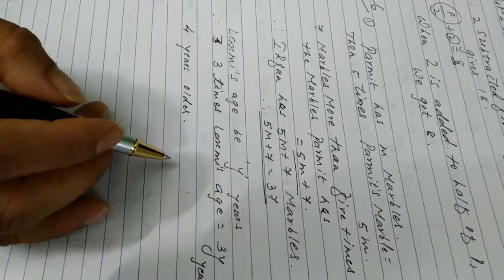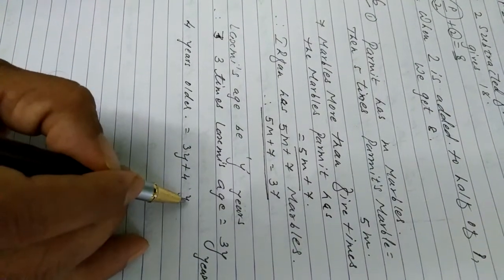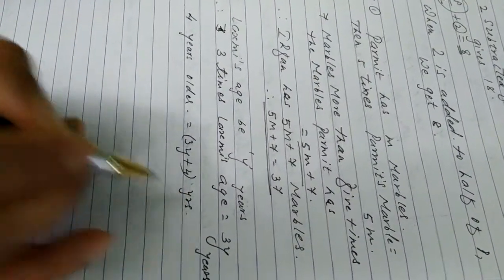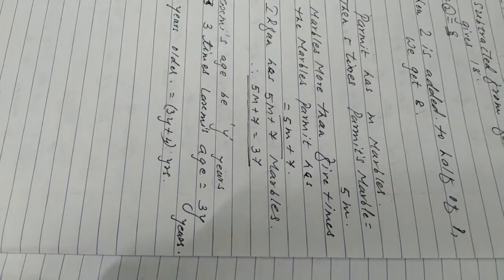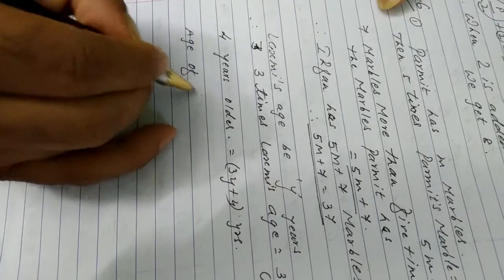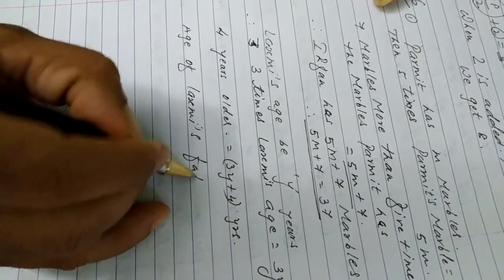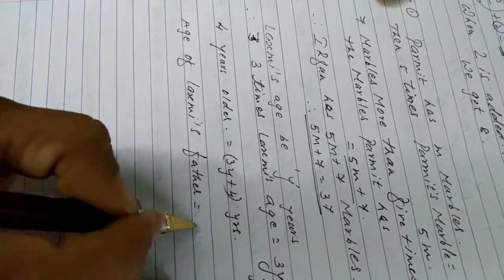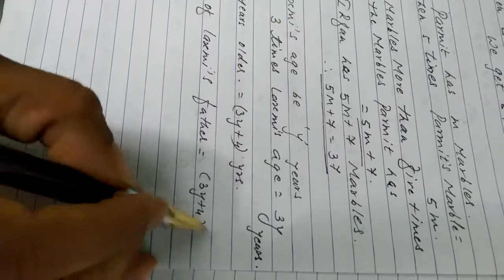More, right? So it is equal to 3y plus 4 years. Now from the given condition, the age of Lakshmi's father is equal to 3y plus 4 years, right?